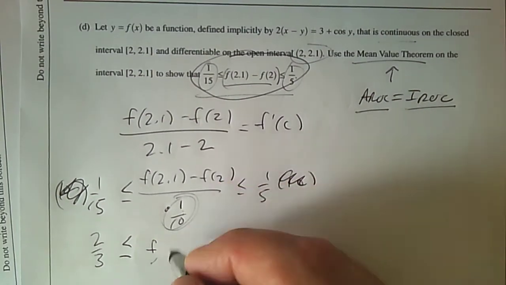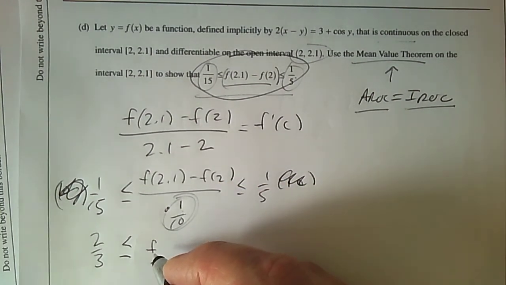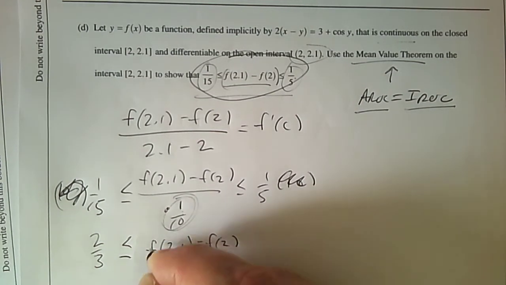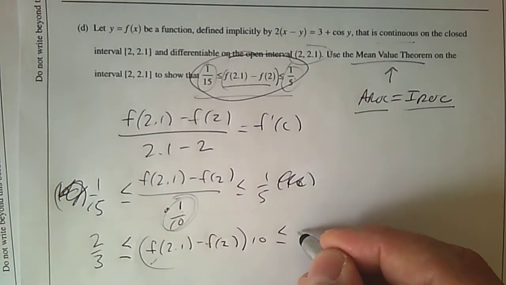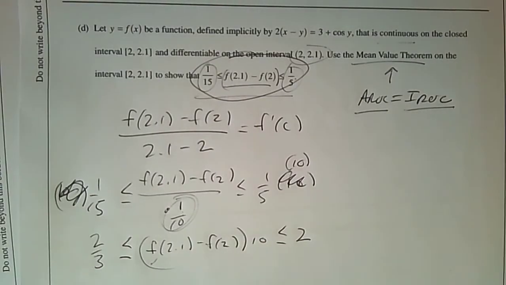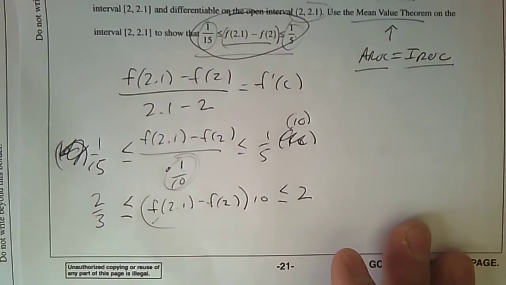So we have 2/3, this whole thing times 10, and then 10 times 1/5 is 2. So that's where 2/3 and 2 come from.